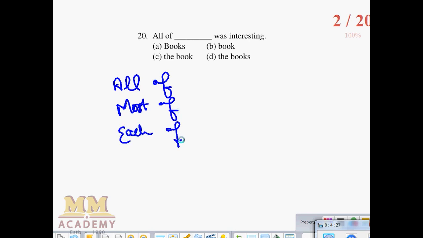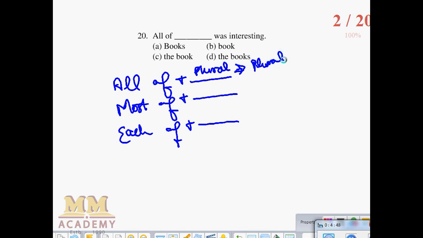So you have to look at the noun that is following these expressions. So if the noun is plural, the verb should be plural. And if the noun is singular, the verb should be singular.